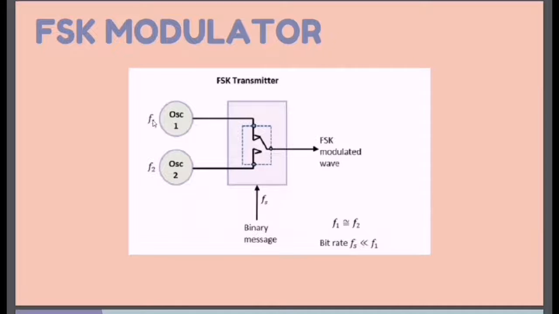The two oscillators, producing a higher and a lower frequency signal, are connected to a switch along with an internal clock to avoid abrupt phase discontinuities of the output waveform during the transmission of the message. A clock is applied to both oscillators internally. The binary input sequence is applied to the transmitter so as to choose the frequency according to the binary input.